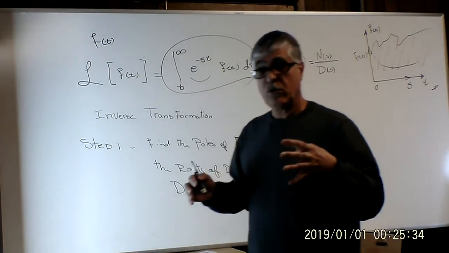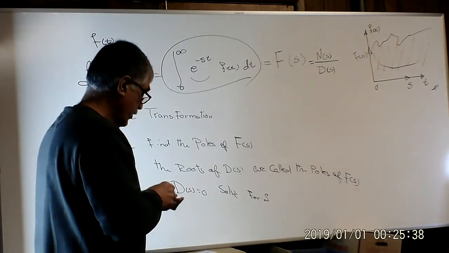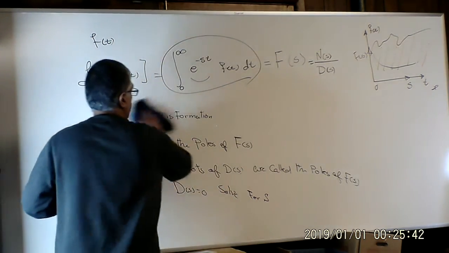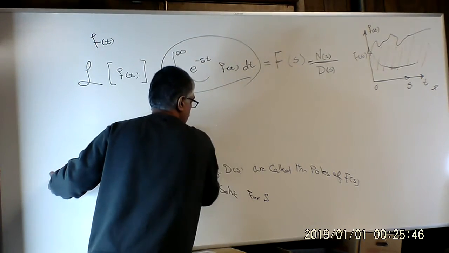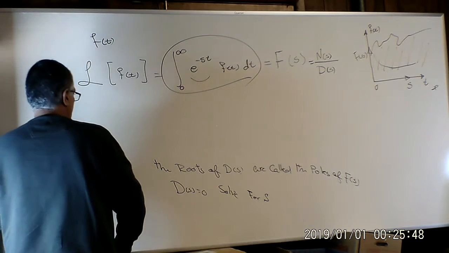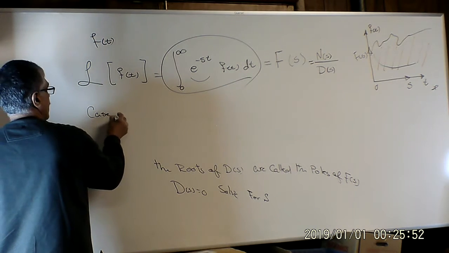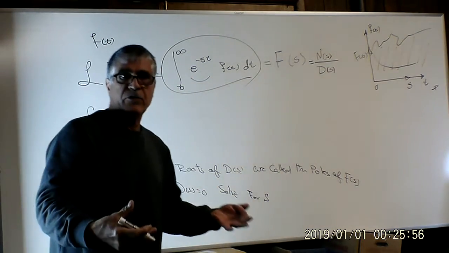Now at this point, we will have two cases once we find our poles. Case number 1 is when our pole is a real number.